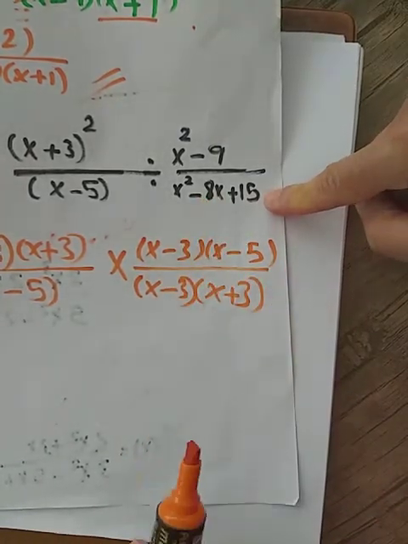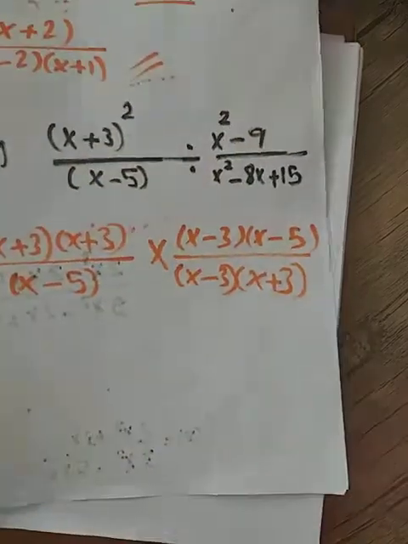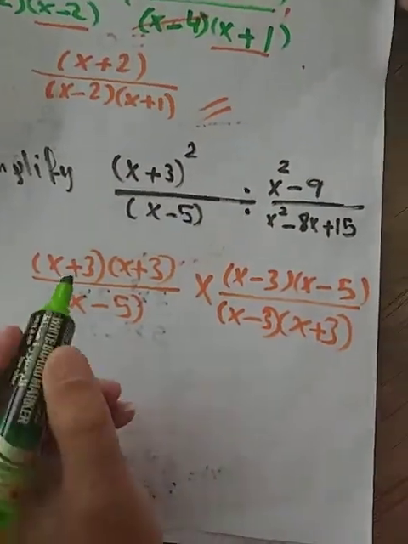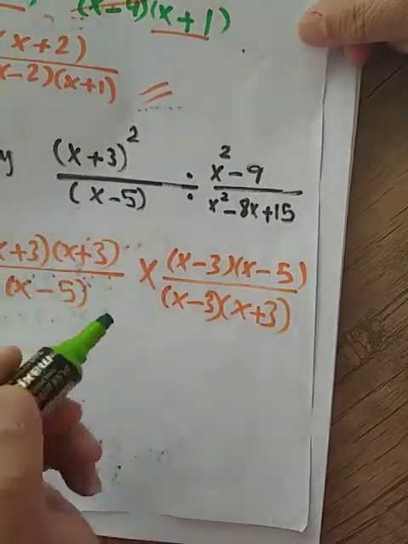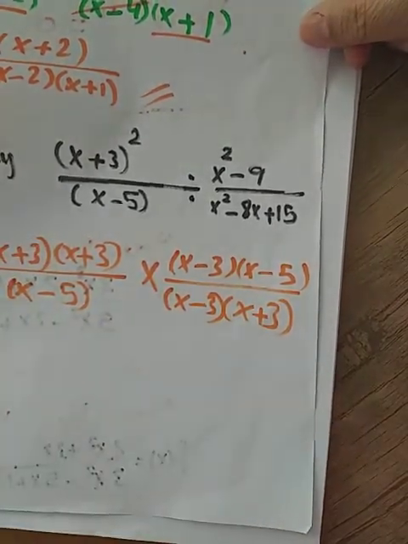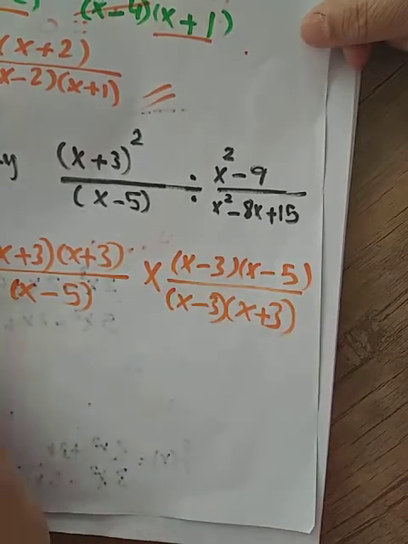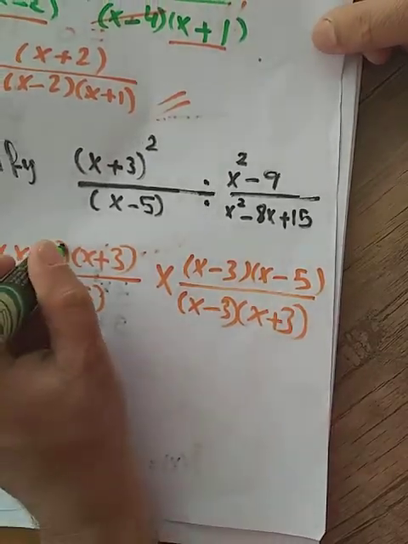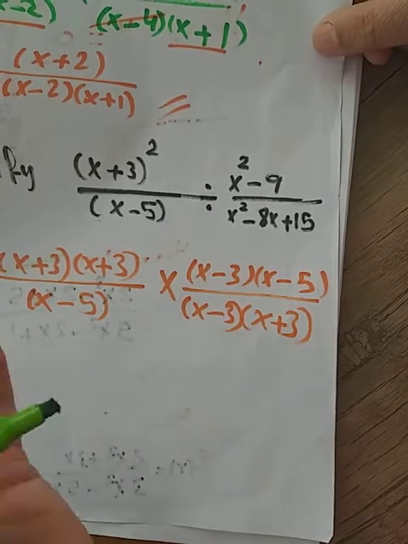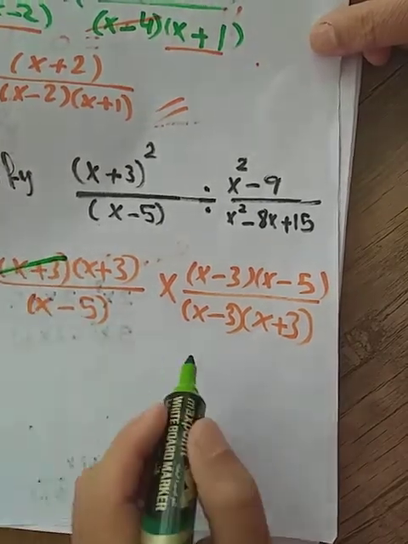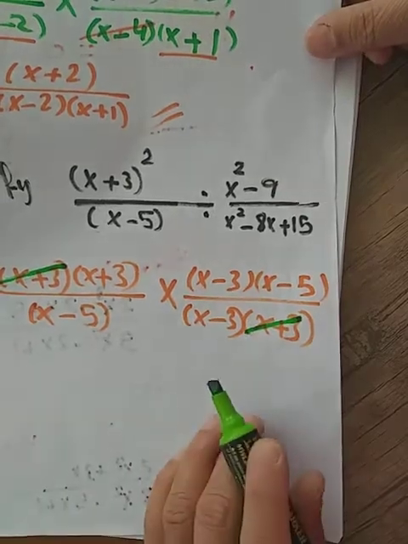True. Now, canceling. We try to cancel. X plus 3. Do you have x plus 3 in the denominator? Yes. Please don't forget, from left to right. Start with this one. X plus 3, bye-bye with x plus 3.